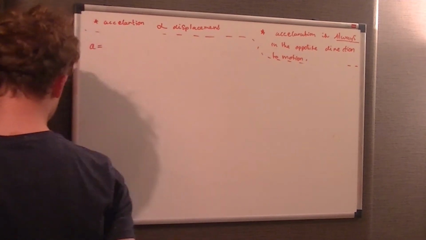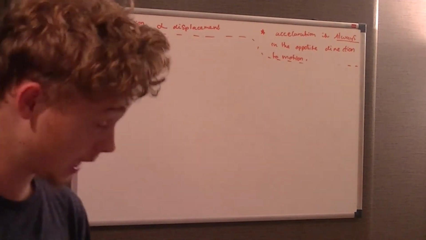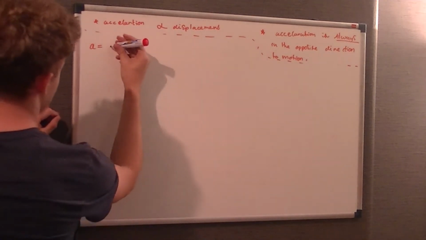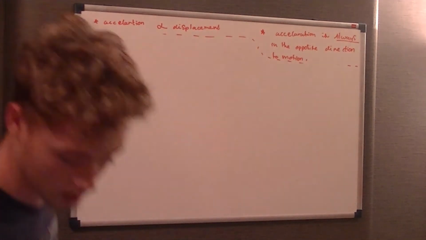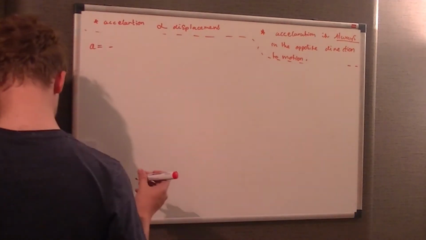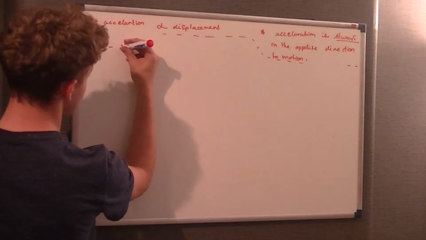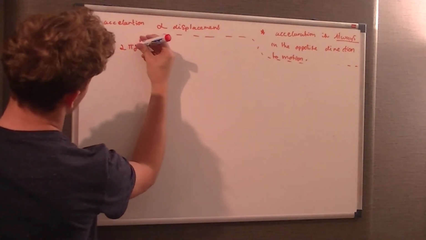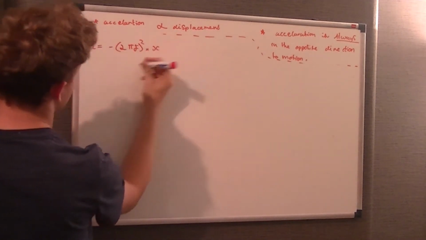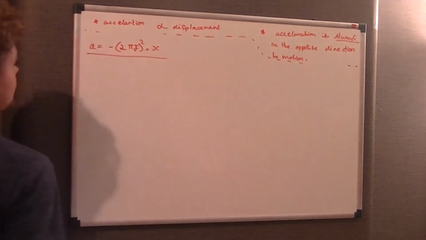The acceleration formula is minus (2 pi frequency) squared times x. X being the displacement.